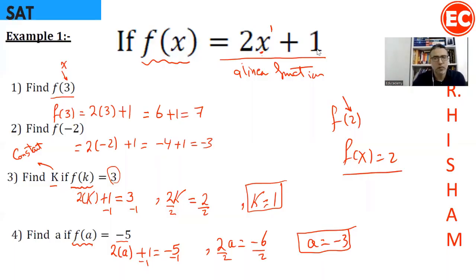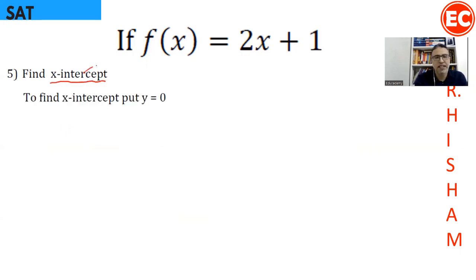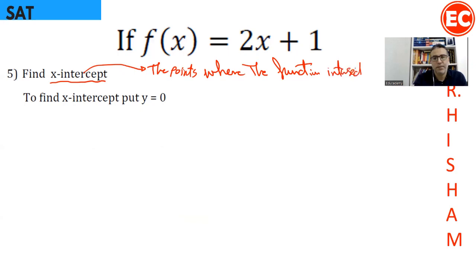The second part, for the same function: I want to find the x-intercepts. By x-intercept I mean the points where the function intersects the x-axis.